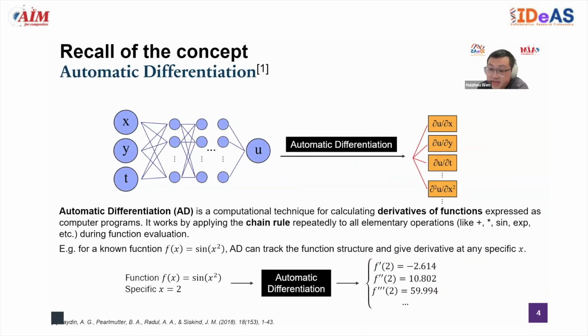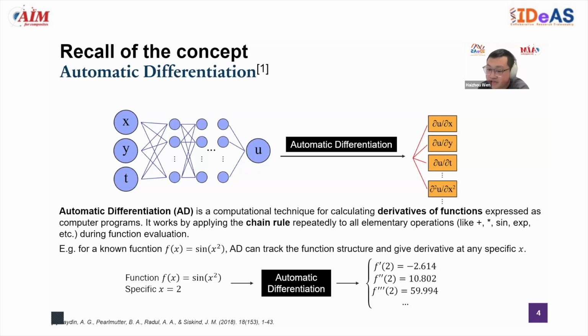Another thing you may wonder is how those derivatives are calculated in every iteration when we calculate the PDE loss. This process is actually implemented using another special algorithm called automatic differentiation, or AD. It basically works based on the chain rule, which is a very basic and important concept in calculus.